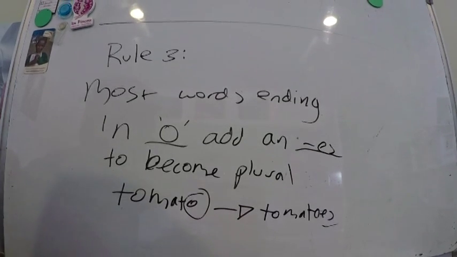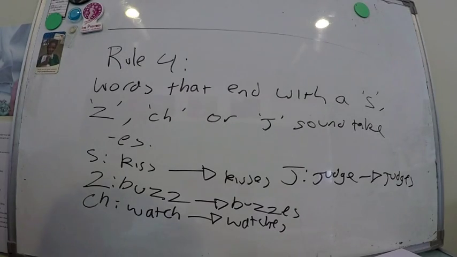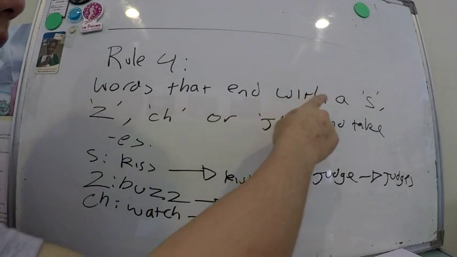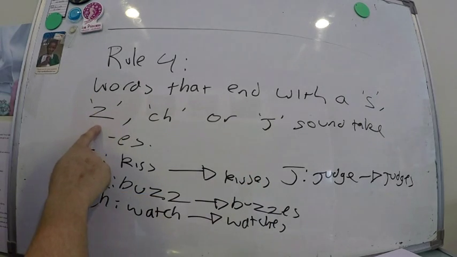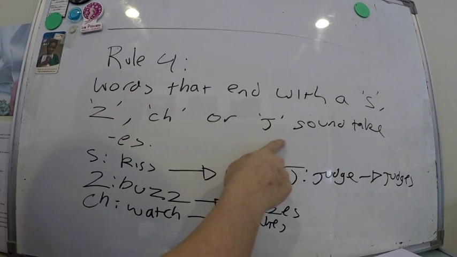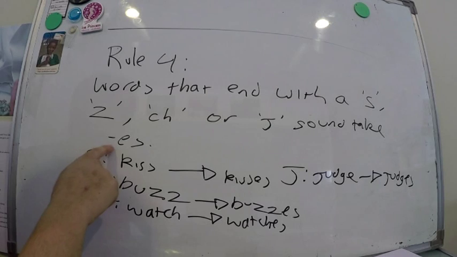That's rule number 3. Okay, so this is your 4th exception. Rule number 4. Words that end with an S, Z, CH, or J sound take ES. Okay, so not just an S, they take an ES. If they end with the sound, remember it's the sound, it doesn't necessarily have to be the letter, but the letter often denotes the sound.